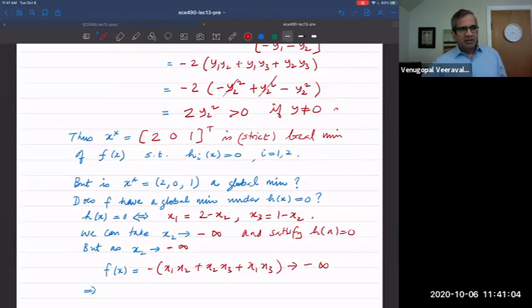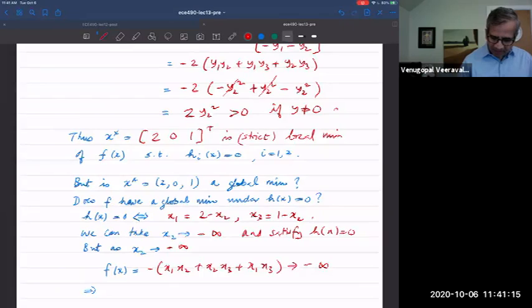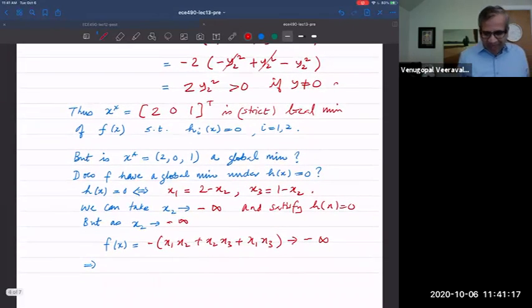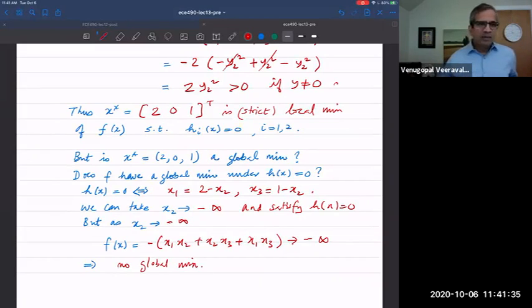So basically this function is not going to achieve its global minimum in this case. Another way to look at it: there is no global minimum because the function can be made to go to minus infinity. Okay? So there's no global minimum on this set. So this x star has to be just a local minimum.